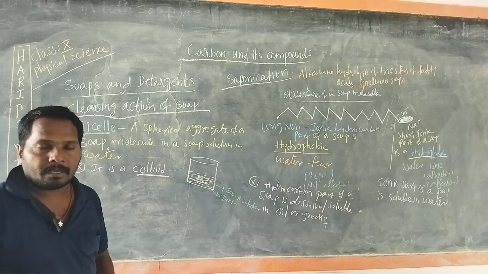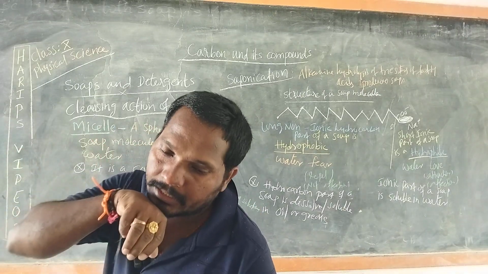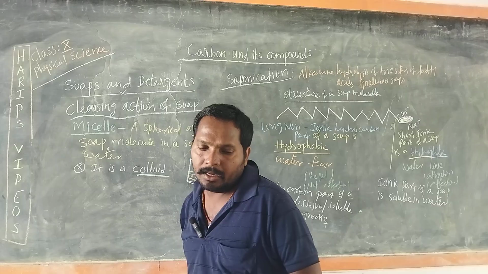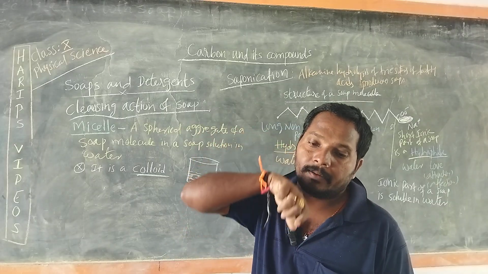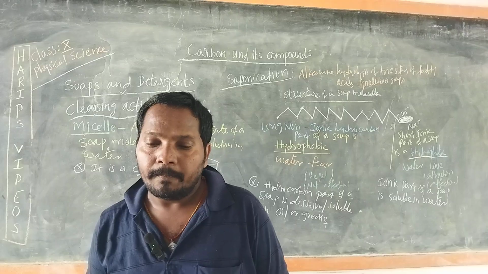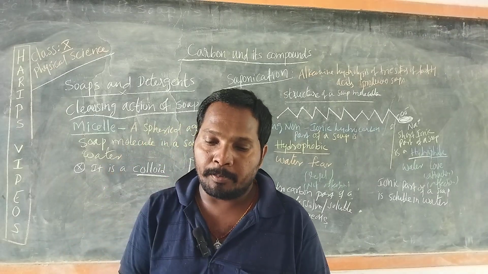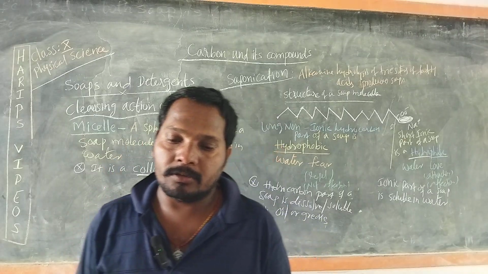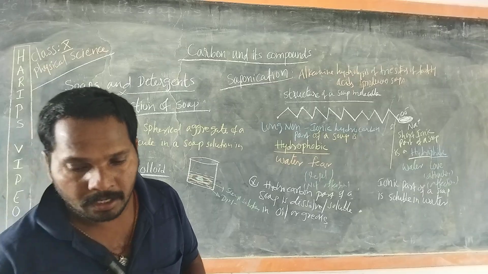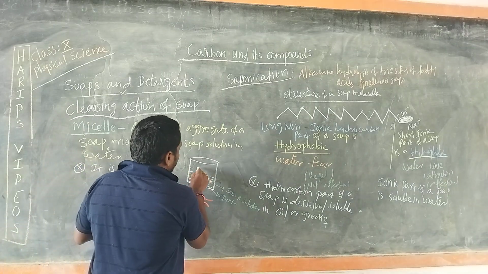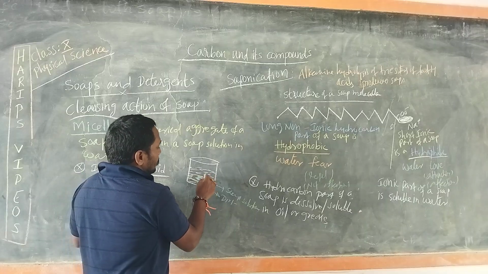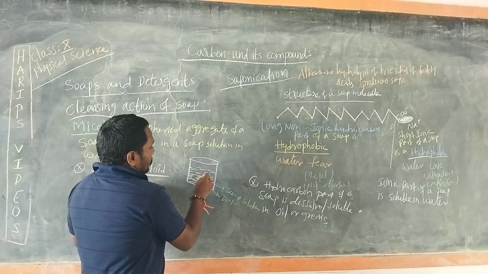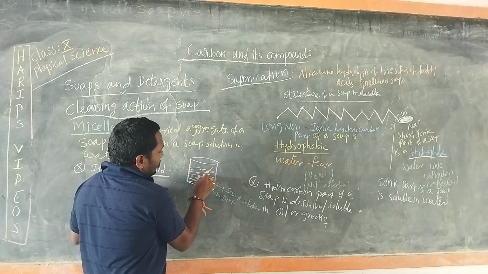While dissolving, when we add the soap and a dirty cloth is inserted in the solution, the hydrocarbon part sticks to the dirt or oil. So these are all the soap molecules.